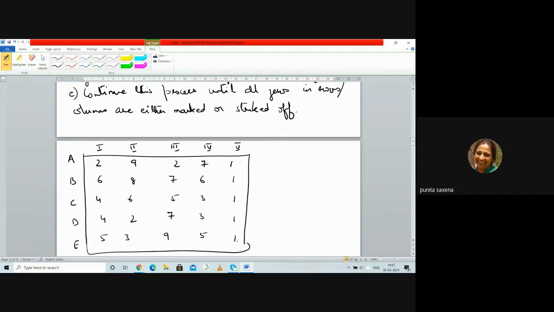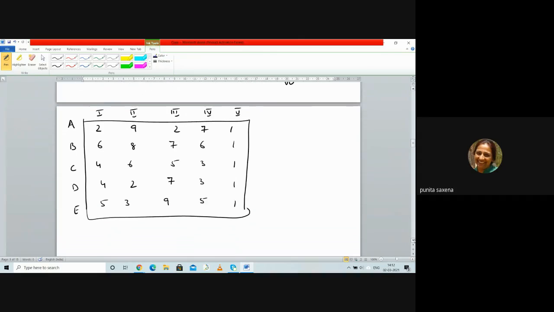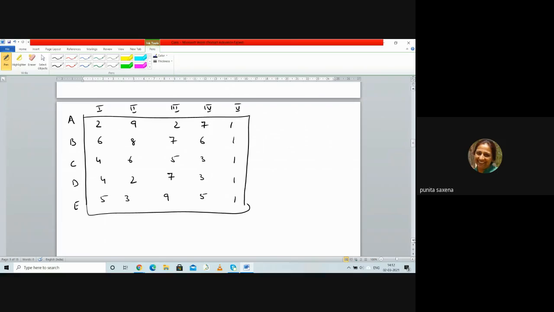Okay, now this is the assignment problem. We have to assign 5 jobs to 5 workers so that the cost of completing the jobs is minimum. Okay, this is what we have to do, right?